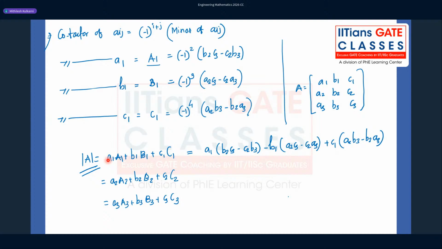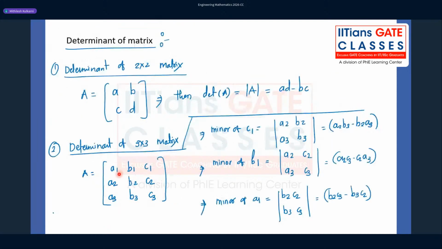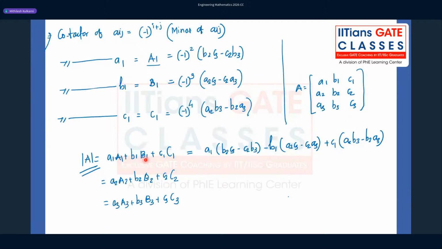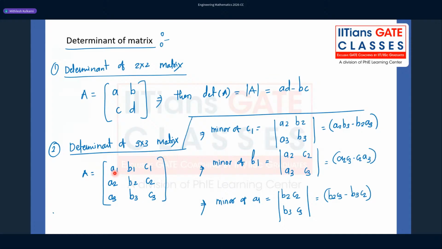So these a1, b1, c1 are the elements, and capital A1, capital B1, capital C1 are the cofactors of small a1, small b1, and small c1 respectively. So I'm calculating the determinant considering the first row.